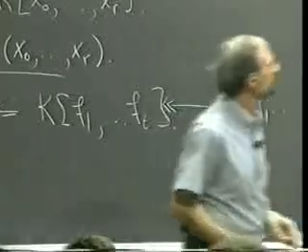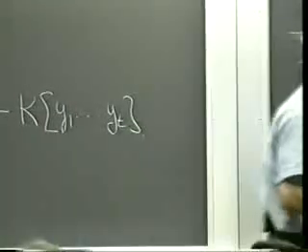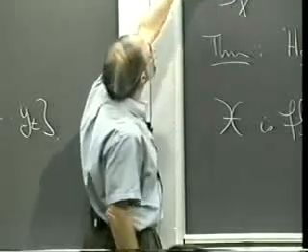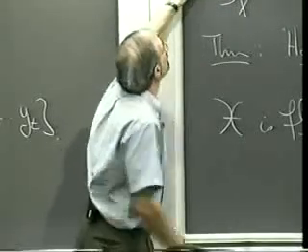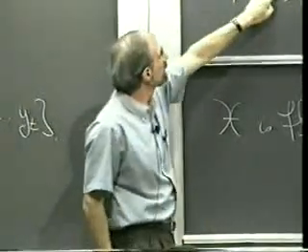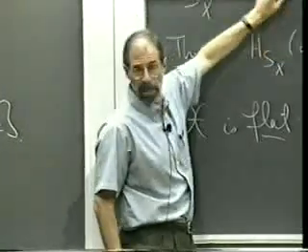Now, from an algebraist's point of view, we might ask a different question. We might ask when this family of rings that I've defined is flat. I get a new ring for every point p, and you might ask when that's flat.